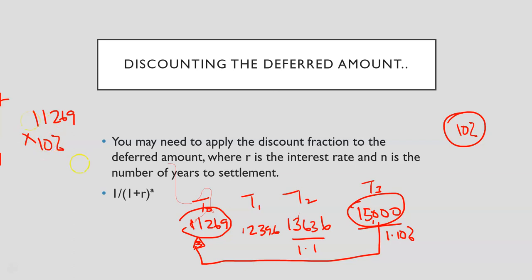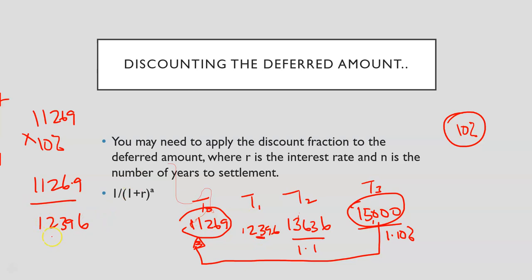If you find 10% of that, of course, that is 1126.9. And I leave this in the bank. Of course, this will add on to this. And if I add this together, 11269 plus 1126.9, of course, you will get 12396, which is what we have here.